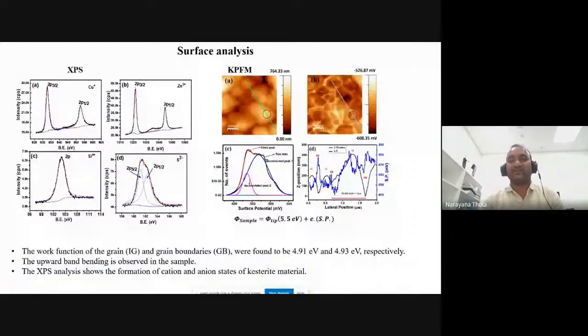Then we have done KPFM measurements to study the surface potential of the material, how the surface potential is at the grain and grain boundary. The work function at the grain and grain boundaries is found to be 4.91 and 4.93 electron volts respectively. It means the grain boundary surface potential is higher compared to the grain.